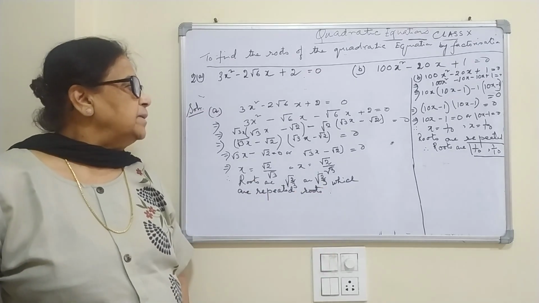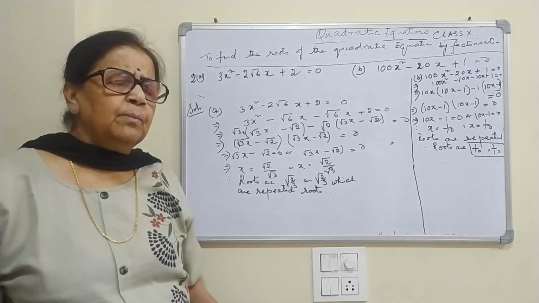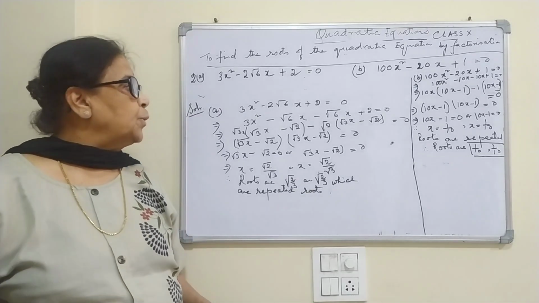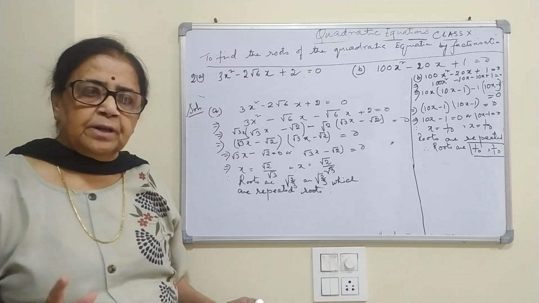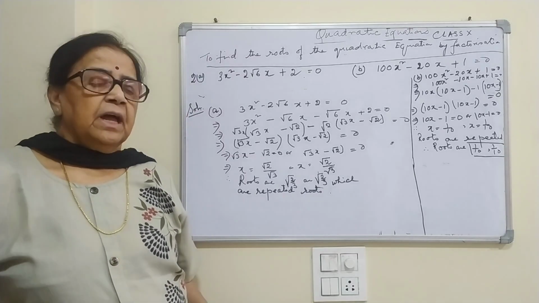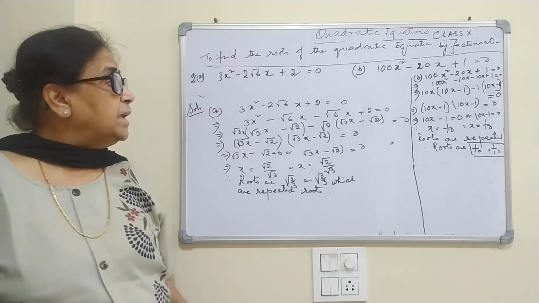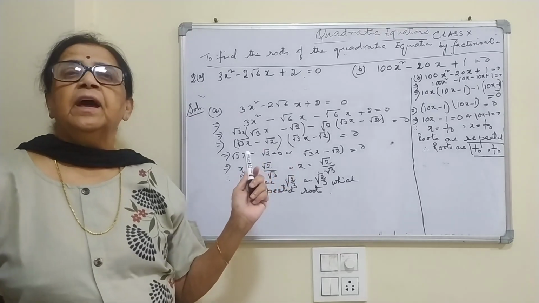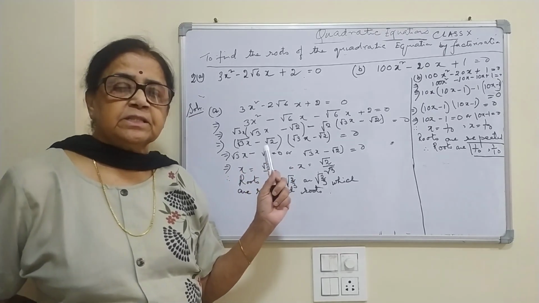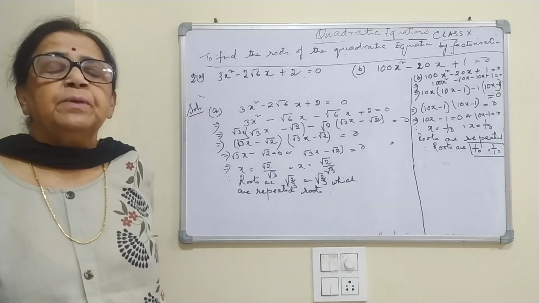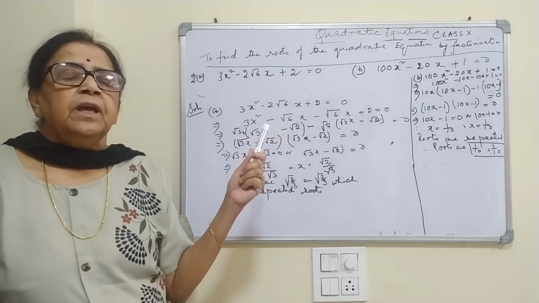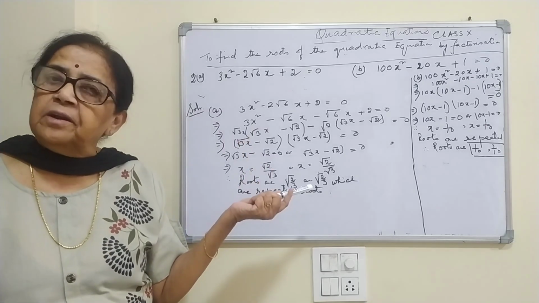Then B part, in a similar way I do it: 100x square minus 20x plus 1 is equal to 0. How can you make it 20? 100 into 1 is 100, and I make the middle term split of 20, that is 10 into 10, 100.